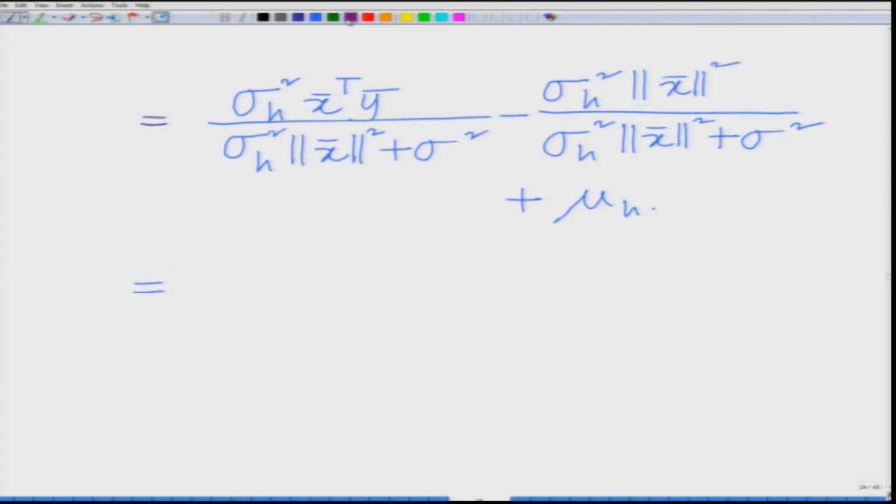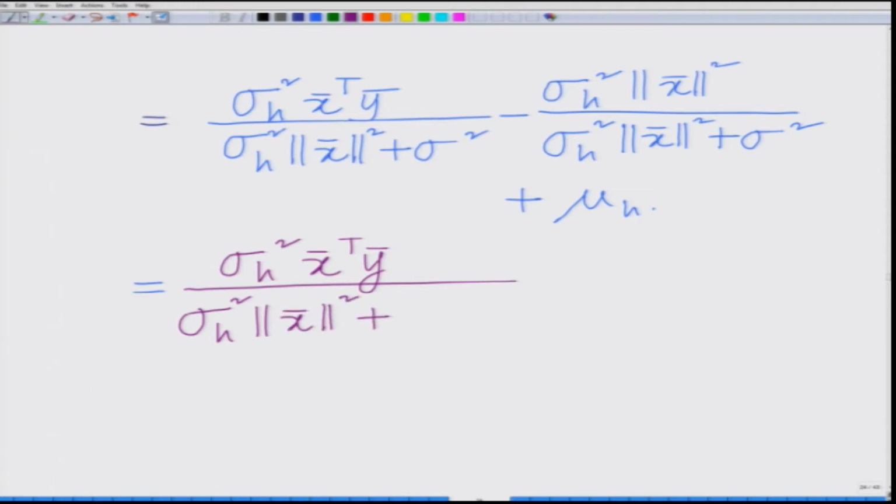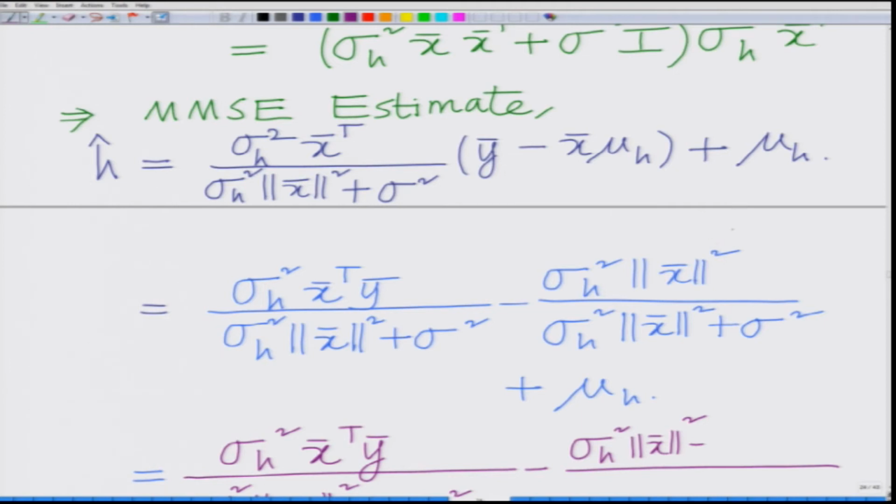Now, I can simplify this as sigma h square x bar transpose y bar divided by sigma h square norm x bar square plus sigma square, minus sigma h square norm x bar square, and there is also norm x bar square into mu h over here.